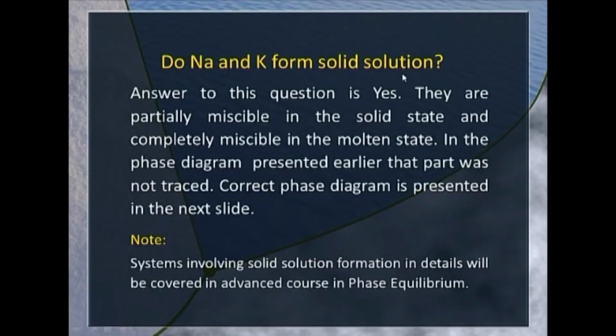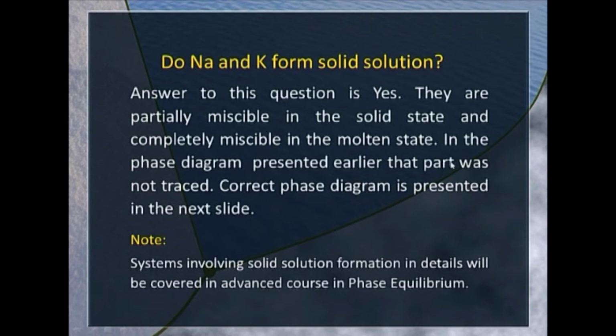If I ask you a question, do sodium and potassium form solid solution? The answer is yes, but they are not represented in the earlier phase diagram. Sodium and potassium are partially miscible in the solid state and completely miscible in the molten state.